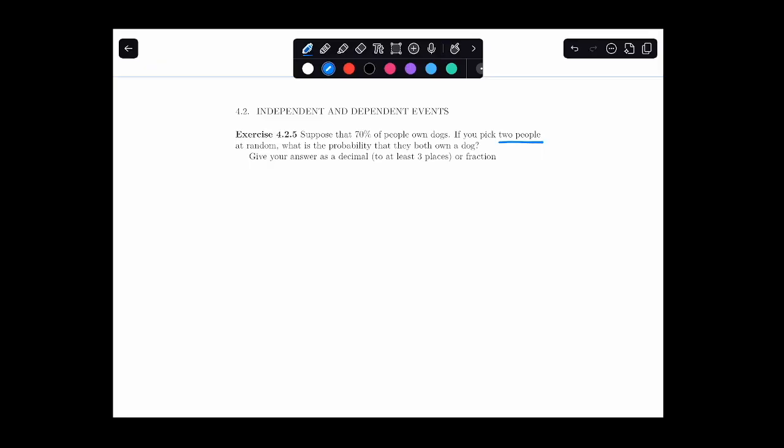Well, now we have to think for a second. Do you think one person owning a dog should affect the probability that another person owns a dog? I'm going to assume not. I'm going to assume that these events are independent, that one person owning a dog doesn't impact the probability that someone else owns a dog.